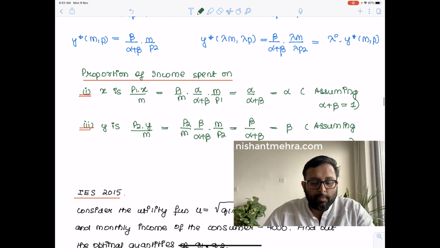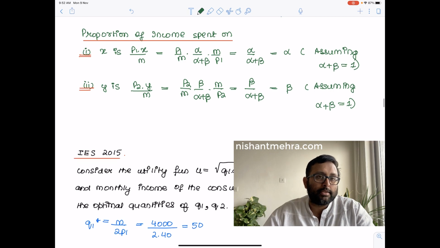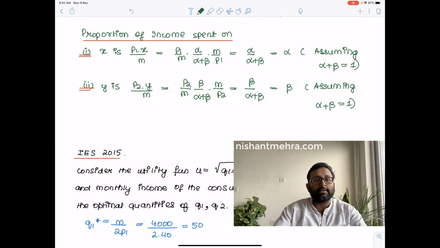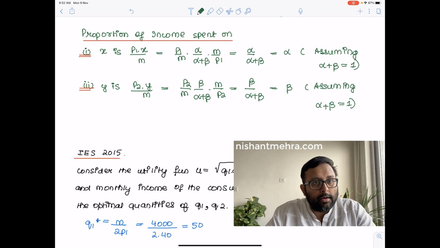And then what is the proportion of income which is spent on X? What is the expenditure which you are making on X? X into P1. What is the total income? M. Right? So X star you have already found out, which is alpha upon alpha plus beta into M by P1.